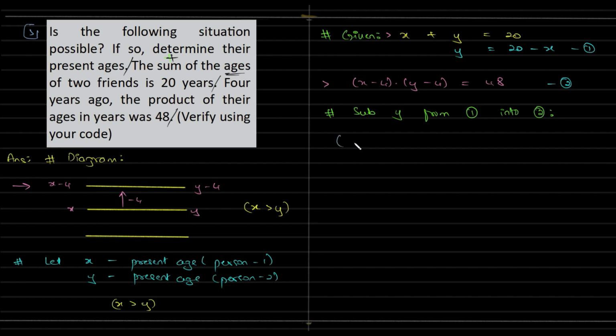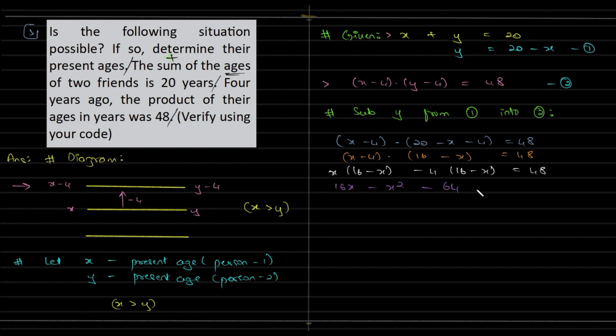So we have x minus 4 into 20 minus x minus 4 is equal to 48. So we have x minus 4 into 16 minus x is equal to 48. Right? So the simplification will give us x times 16 minus x minus 4 times 16 minus x is equal to 48. So we have 16x minus x square minus 64 plus 4x is equal to 48.